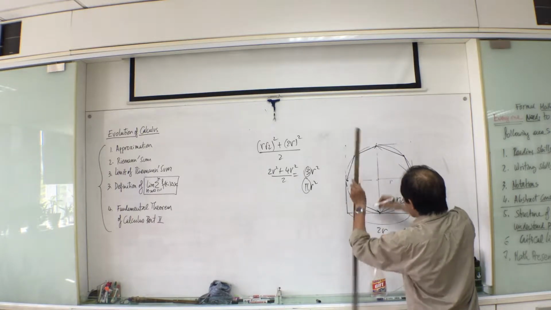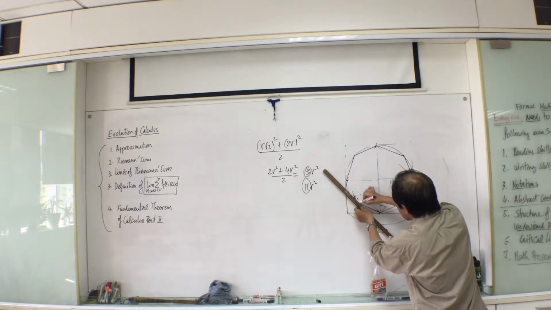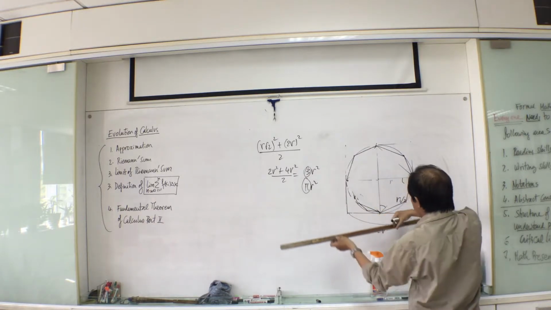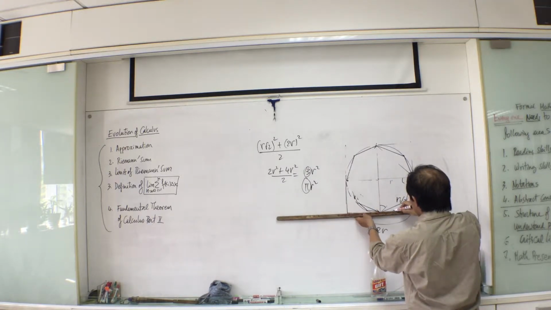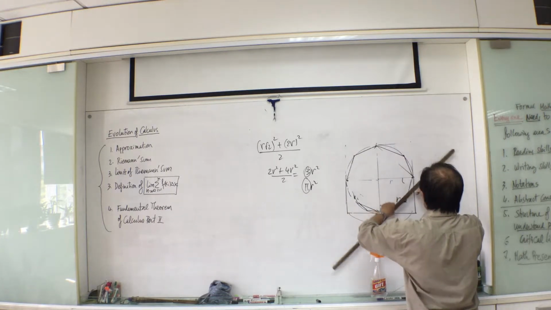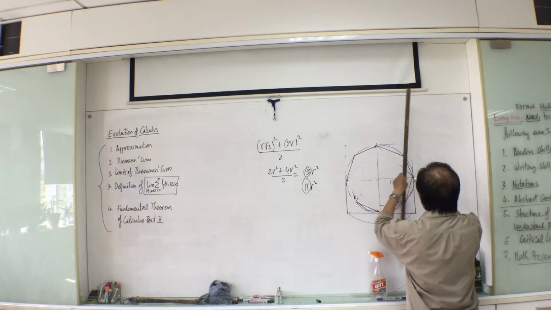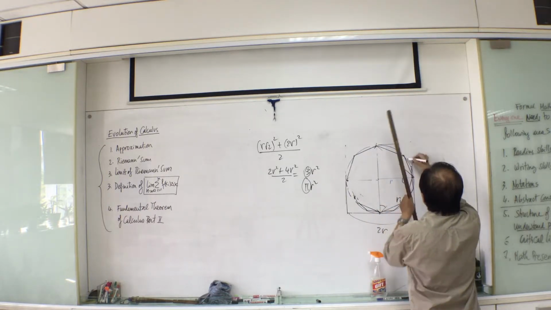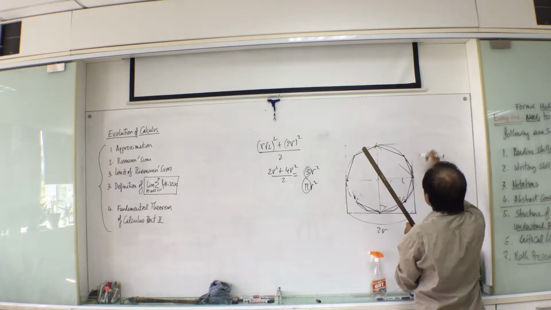You're going to have 16 isosceles triangles, like this. So now the error shrinks to very little.